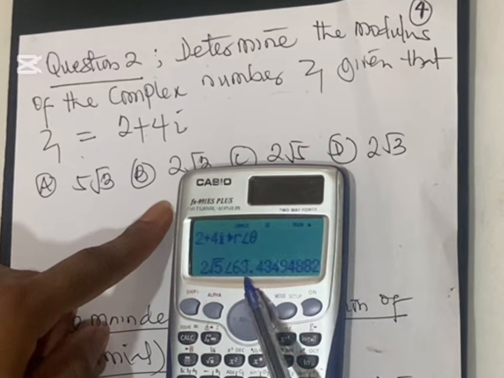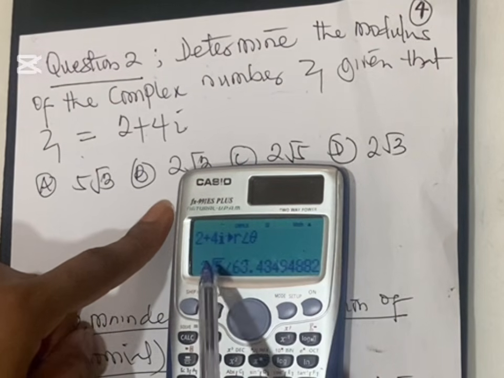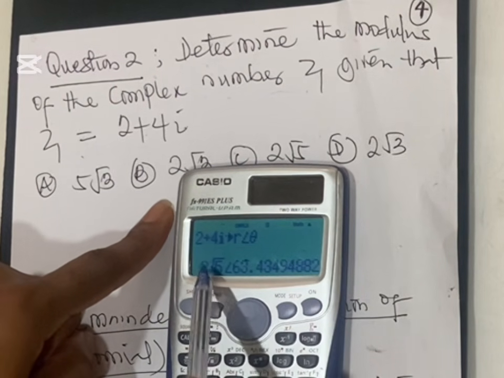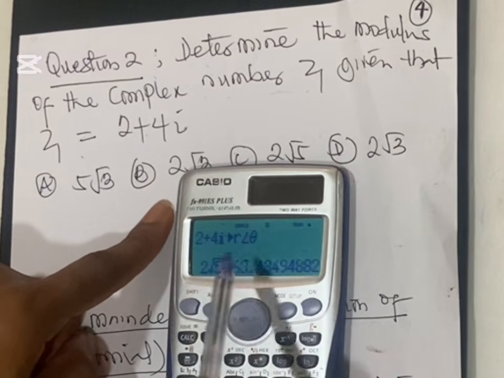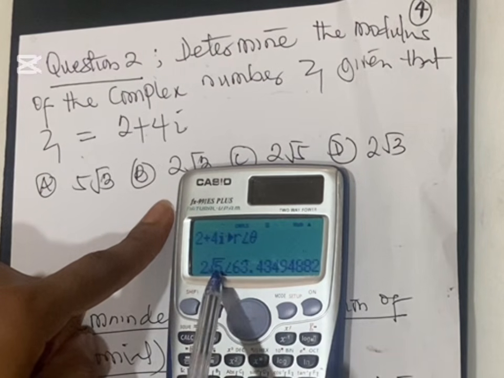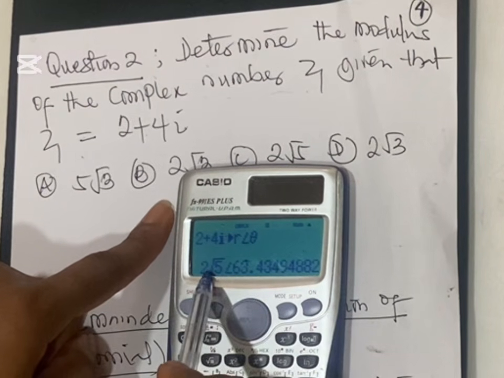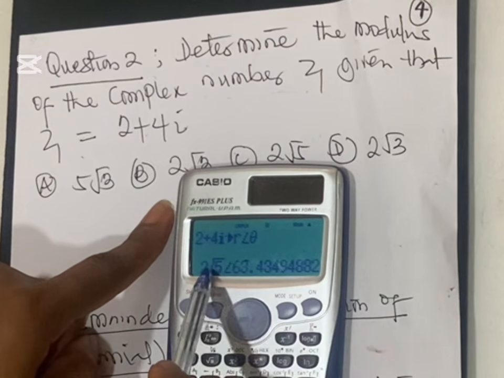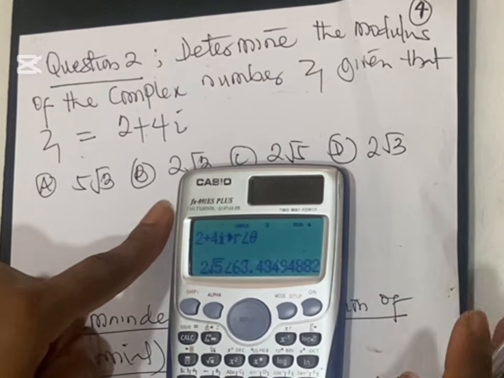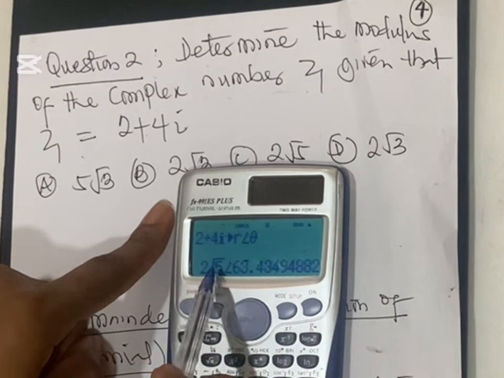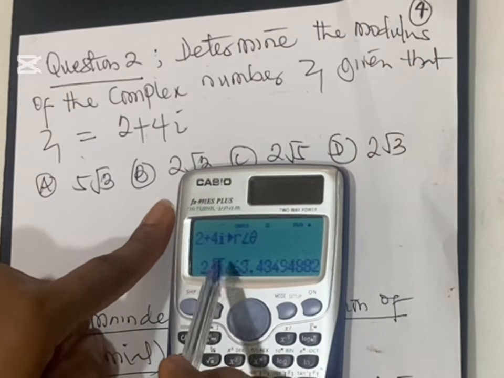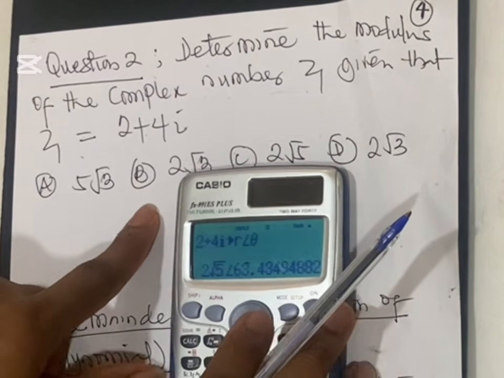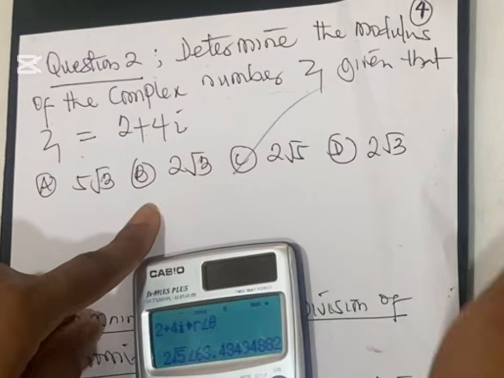Okay, so we are not asked to find the angle, we are asked to find the modulus. So pick up this first part here, which is 2 square root of 5. What separates the angle from the modulus is this sign of less than. So this part here, 2 square root of 5, is the modulus, which is C.